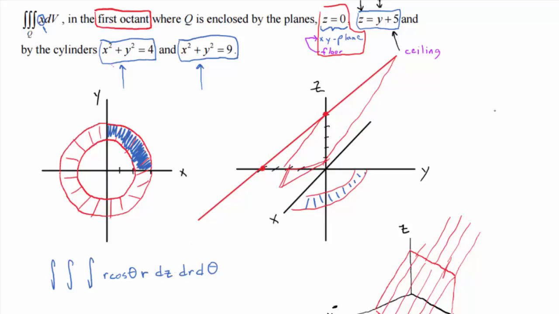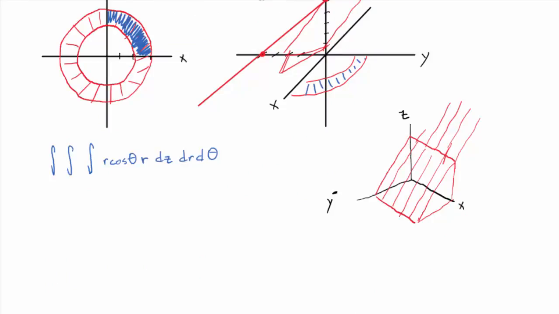Okay, so z, what does z run from? So if z is in the floor over here somewhere in the first octant, because the positive y-axis is over here, a point in the xy plane might be over here. So say it's this point right here, for the sake of argument.